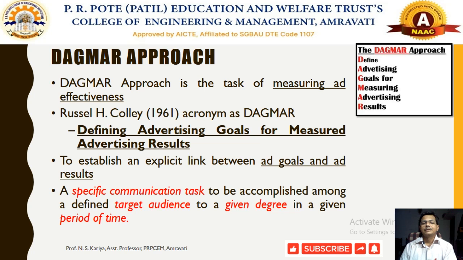How does that define our type of advertising or classification of advertising, which particular type of advertising will be helpful in meeting the advertising objective. It means there is a clear cut link between the advertising goal and the advertising result.